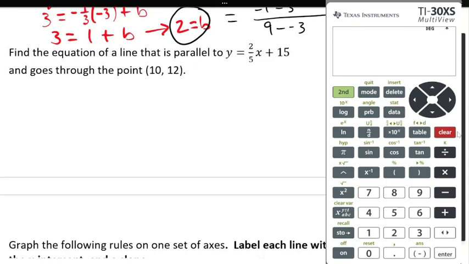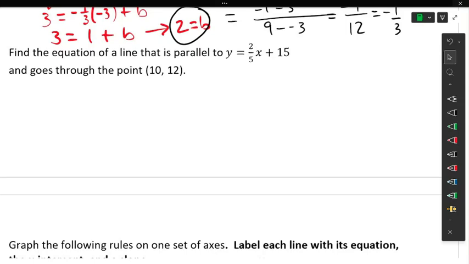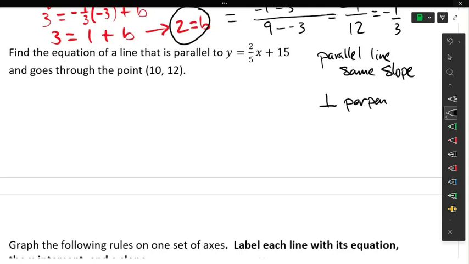Just as a side note, if we've got parallel lines, they will always have the same slope, same value of m. And perpendicular lines, this is the symbol we use for perpendicular, are lines that meet at right angles.